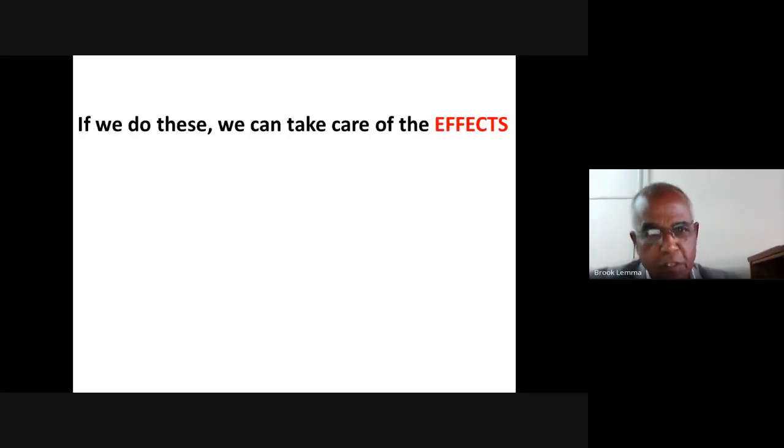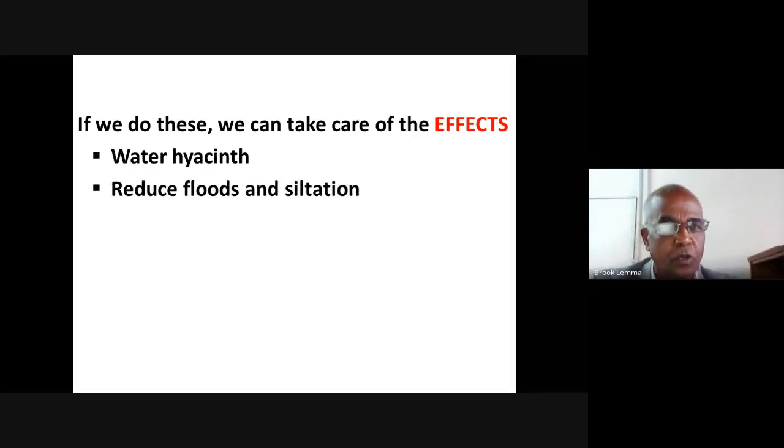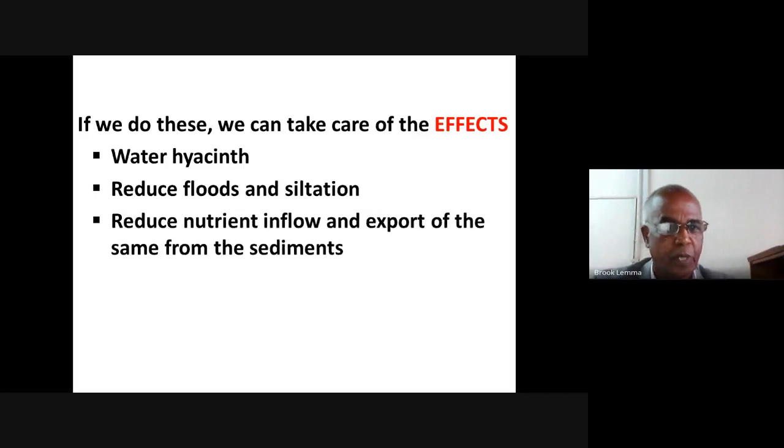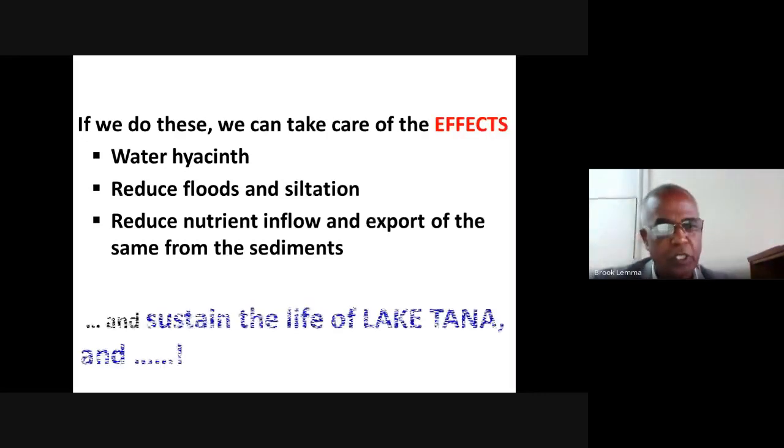If we do this, then we can take care of the effects, which means water hyacinths, or reduce floods and siltation, maybe reduce the inflows and export of the same from the sediment into the upper column of the water, and sustain the life of Lake Tana and maybe other water systems.